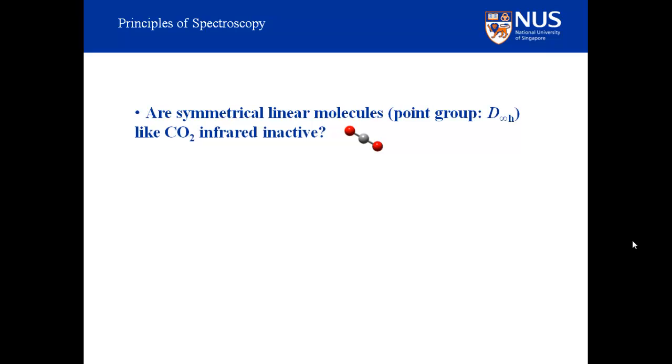And so that particular vibration of carbon dioxide is indeed infrared inactive. But when one CO bond is getting smaller, while the other CO bond is getting longer, in a so-called asymmetric stretch, then the dipole moment is changing during the vibration.